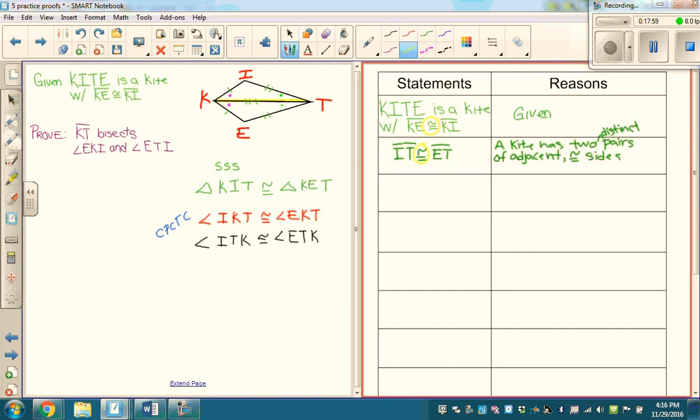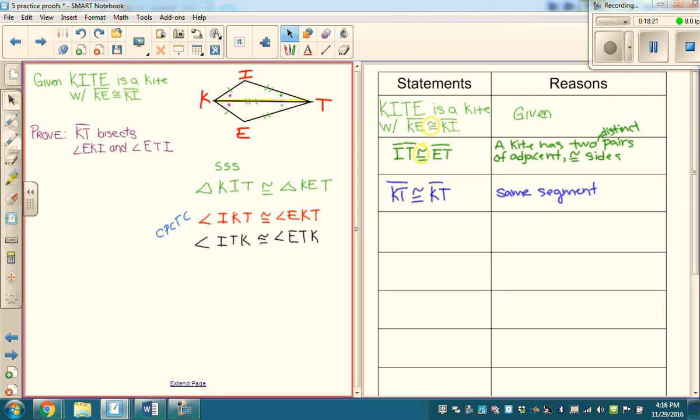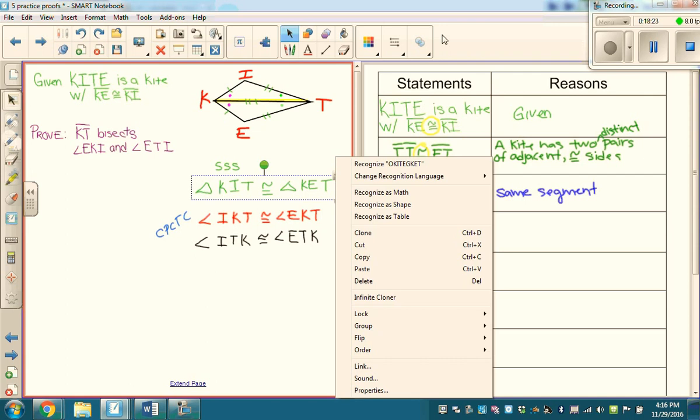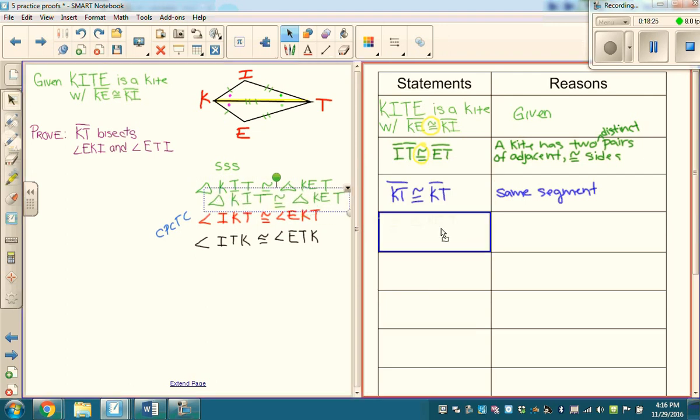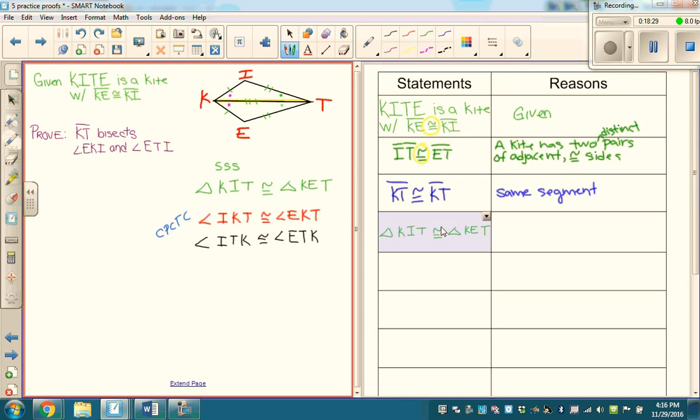So I'm going to now put in same segment, KT, congruent to itself. Same segment property. And so, therefore, once I have that, I can take this and say I have congruent triangles by side, side, side.